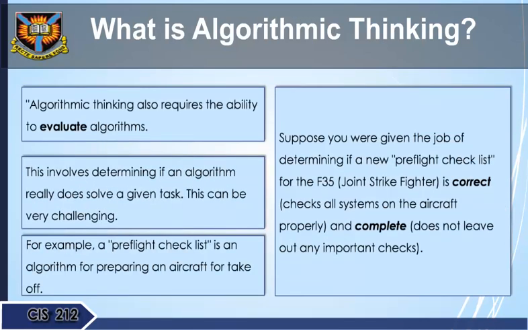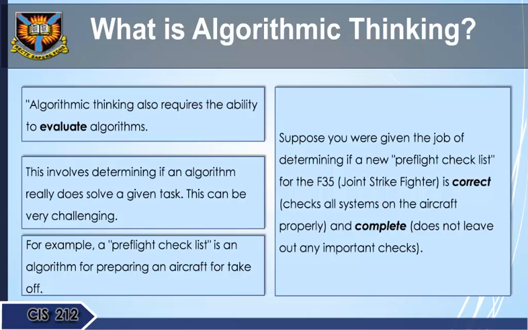Algorithmic thinking also requires the ability to evaluate algorithms. This involves determining if an algorithm really does solve a given task. This can be very challenging. For example, a pre-flight checklist is an algorithm for preparing an aircraft for takeoff.